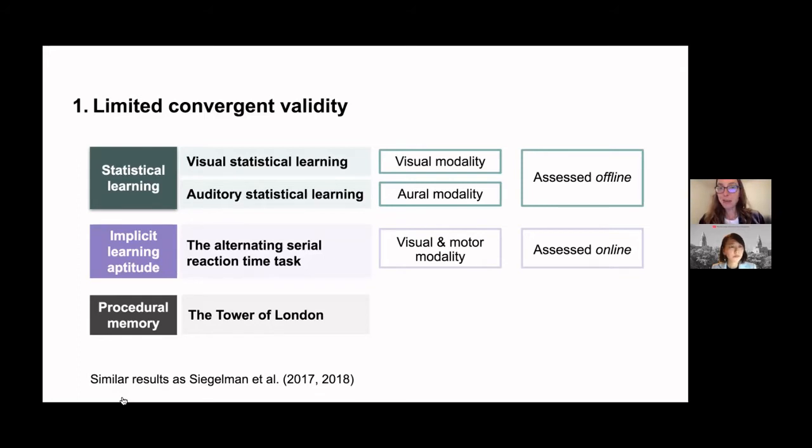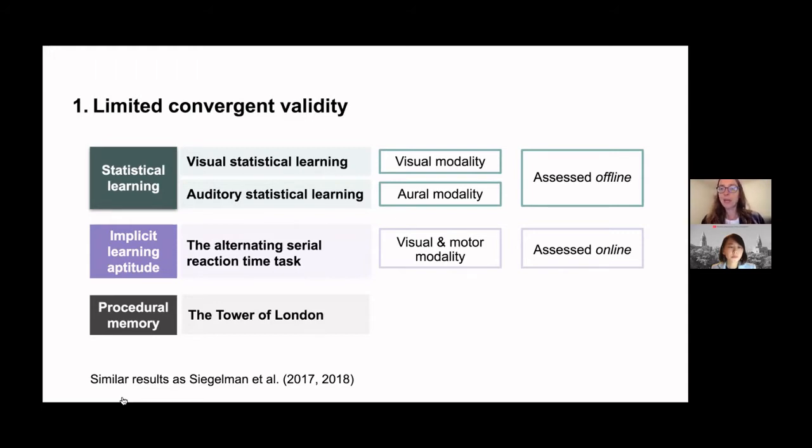One result that we found surprising in this study is that the two statistical learning measures did not correlate with the alternating serial reaction time task, even though the type of learning target in this task was actually in its nature very similar to that of the statistical learning measures. So both tasks involve the learning of transitional probabilities, so the learning of statistical sequential information in the input.